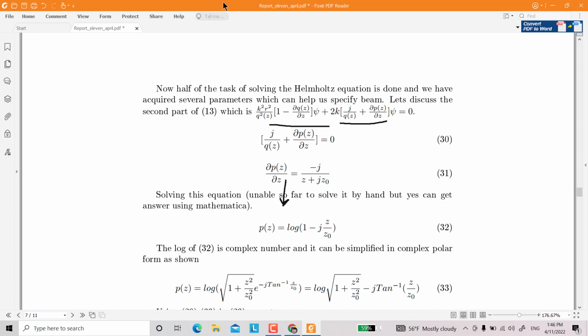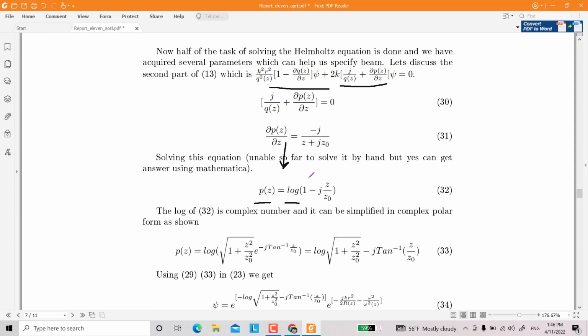So how do we interpret this? What is the value of P of Z? It turns out to be P of Z equals log of 1 minus Z over Z naught, right? And you can see the argument of the log is a complex number, of the form A minus iB. So you can write it in complex polar form.